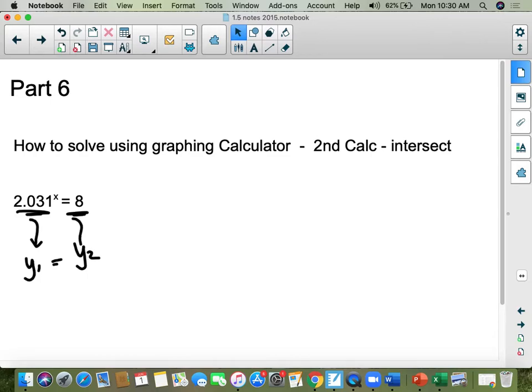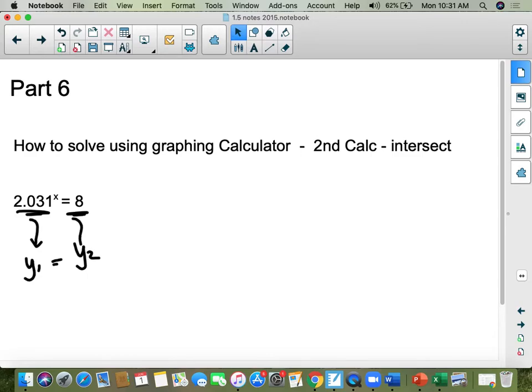And it didn't show up really well. So what I'm going to do is change my window. I'm going to zoom in and just play around with it. If you don't want to zoom in, you can zoom out, or Z decimal.